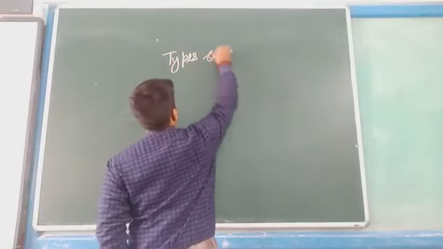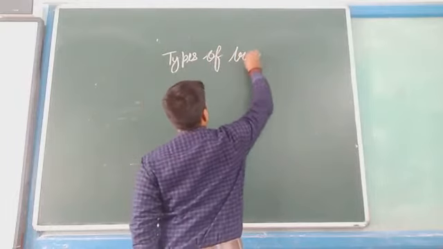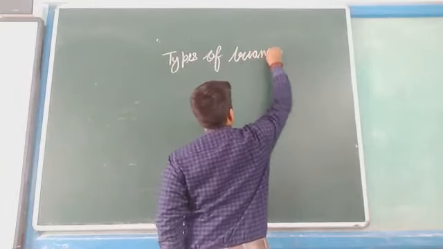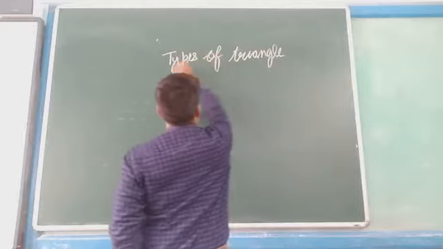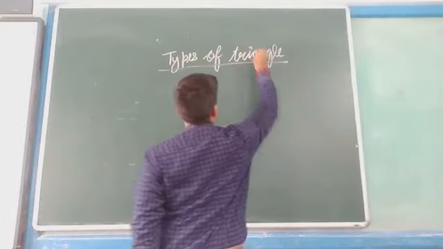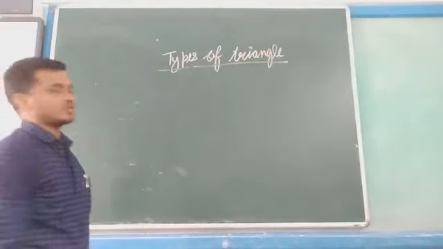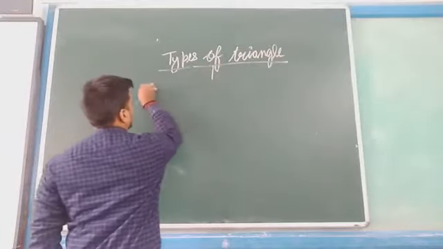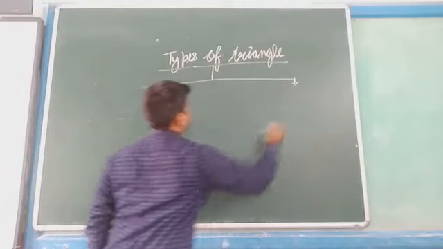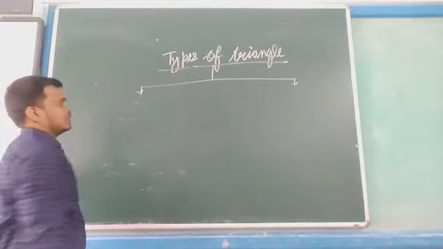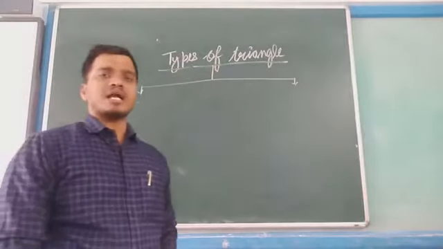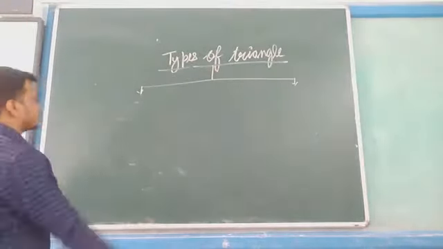How many types of triangles are there? The division of triangle is done on the basis of two ways.